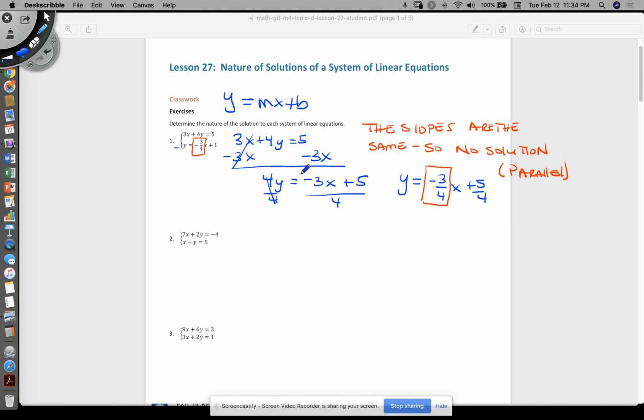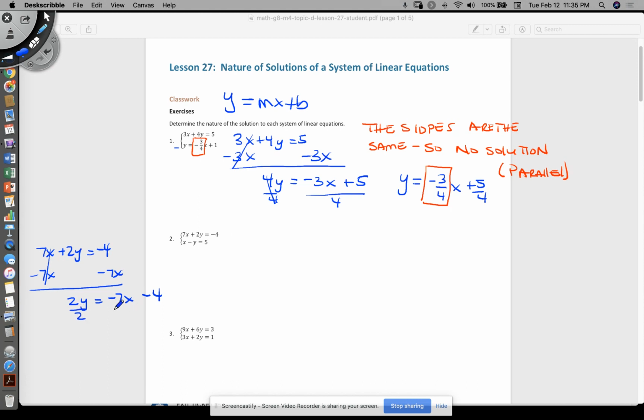Neither one of these are in the correct format, so we actually need to fix both this time. So I'm going to fix the first one. I'm going to give myself a little bit more room. Get that y by itself, so I'm going to subtract 7x. And those cancel, and I get 2y equals negative 7x minus 4, bumping that over.